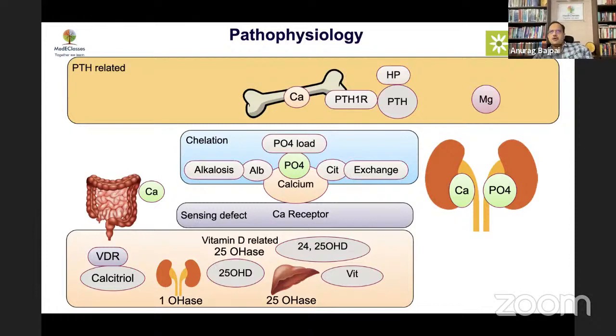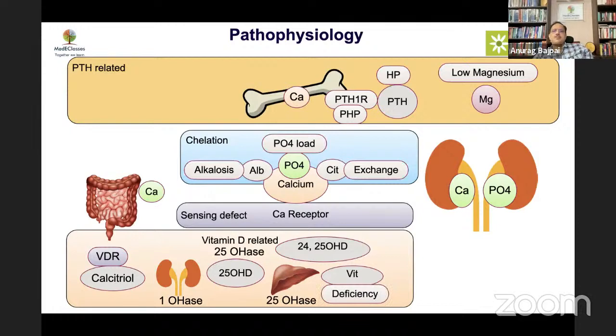If there is a PTH problem, you will have a high level of phosphorus. This may happen because of deficiency of parathyroid or resistance to parathyroid, hypo or pseudohypoparathyroidism. You may also have hypomagnesemia, which impairs the PTH effect.